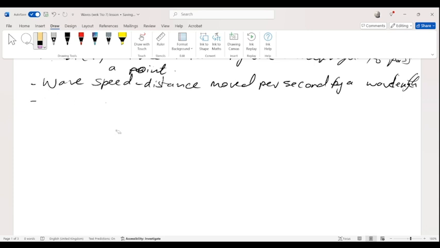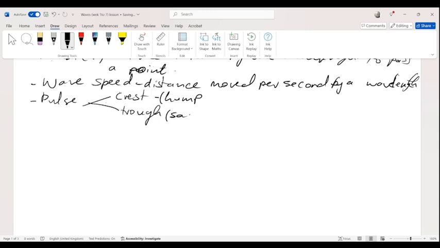Okay, we have a pulse. A pulse comprises a crest and a trough. A crest is a hump, and a trough is a sag. This is a sag. This is a hump.